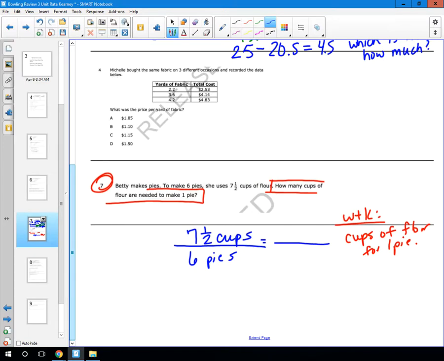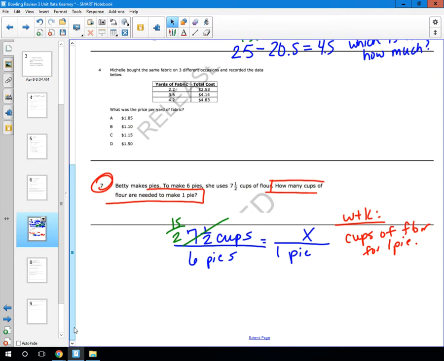So where would you put your 1 pie? You want to make sure your units line up. So you're going to put your 1 pie on the bottom, okay? Now remember we said in our big ideas that you always want to change mixed numbers to improper fractions. So the 7.5 cups would change to, so we do 2 times 7 is 14. 14 plus 1 is 15 over 2.